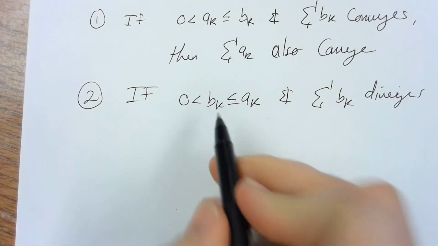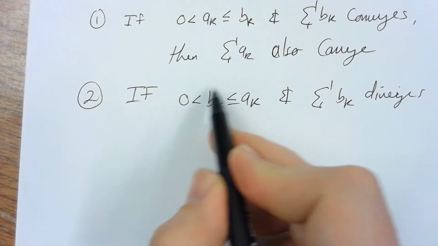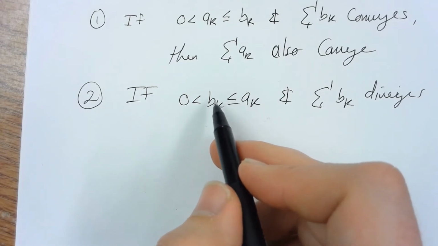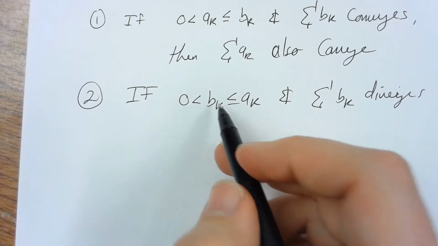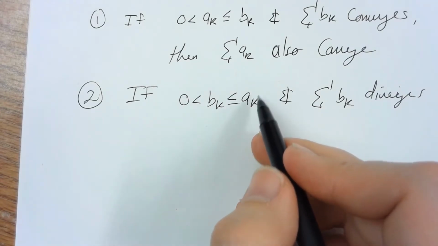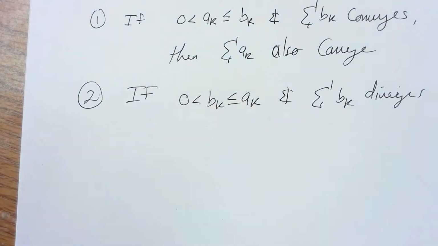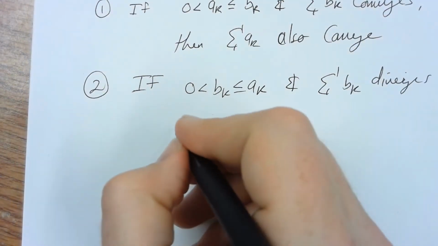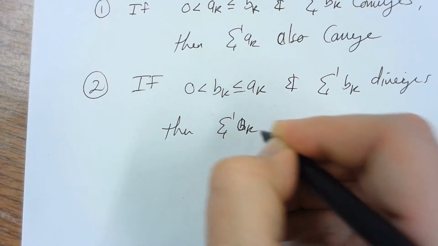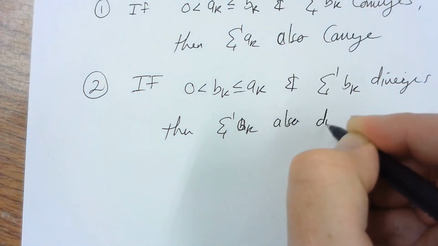Again, term by term, b sub k is smaller than a sub k, but all of the terms of b sub k added up become something uncontrollably large, or simply bounce back and forth forever. Then a sub k can't converge to anything because its terms are larger than b sub k, and it's simply diverging as well. So then we can conclude the summation of a sub k also diverges.